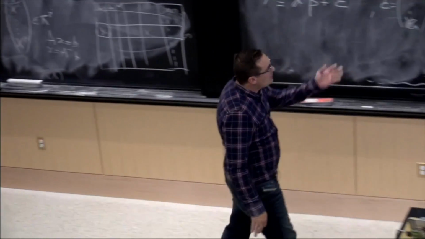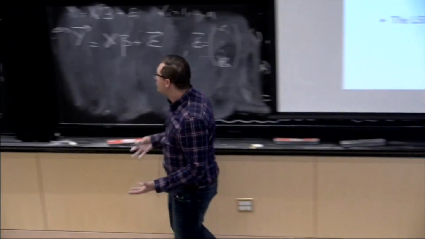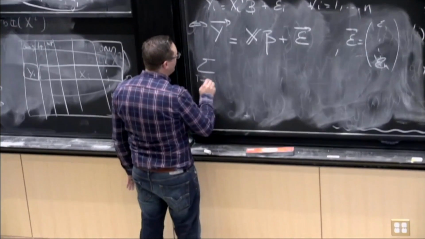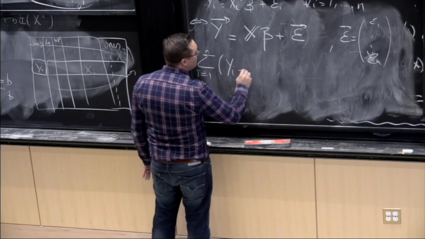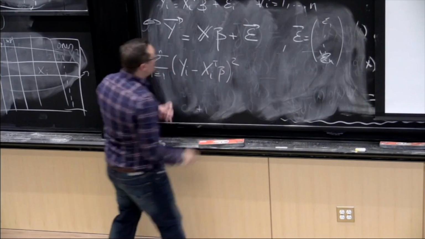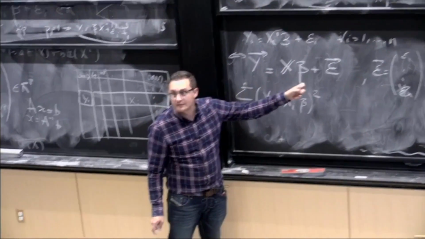So now that I have this model, this is the usual least squares model. And here, when I want to write my least squares criterion in terms of matrices, right? My least squares criterion, remember, was the sum from i equal 1 to n of (yi minus xi transpose beta) squared. Well, here it's really just the sum of the squares of the coefficients of the vector y minus X beta.